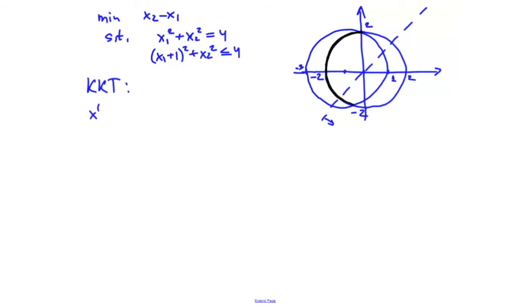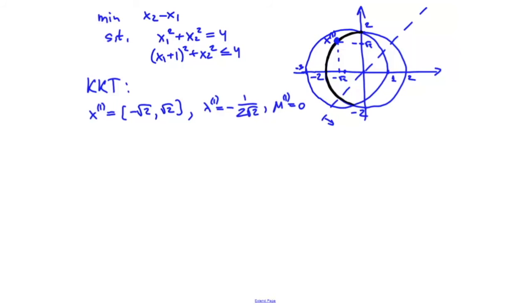The first point will be x1 given by minus square root of 2, with lambda 1 given by minus 1 over 2 square root of 2, and then mu 1 is 0. This point will actually be somewhere here. So this is minus square root of 2, so this is our point x1.